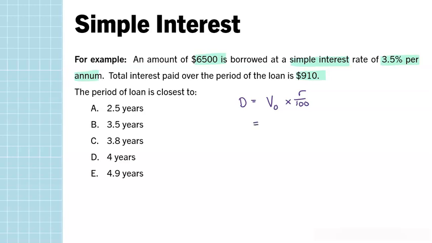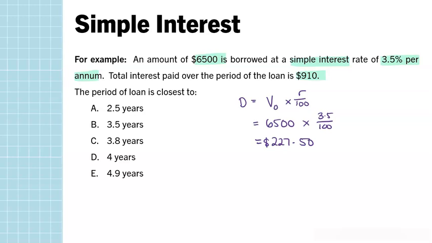So in this case, $6,500 times 3.5 over 100, we find that the amount of interest per year is $227.50.